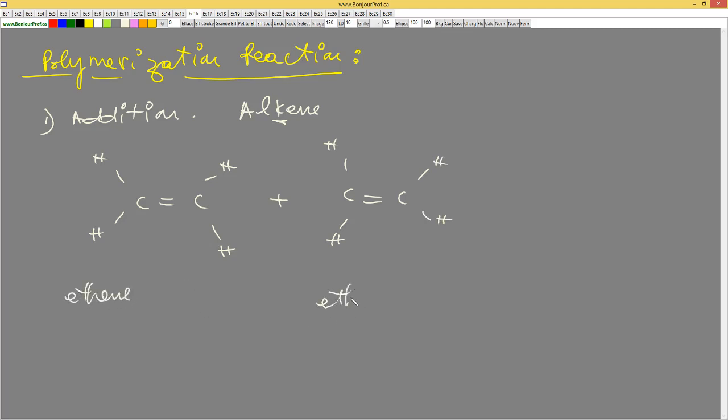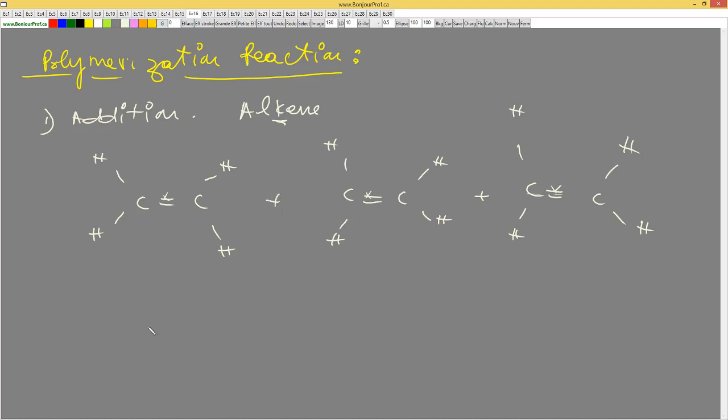And by adding them together with another one, if I want another one, this is what the industry is doing. They are doing additions, and given the appropriate physical and chemical conditions, this double bond will be broken, this double bond will be broken, and they will link one to each other.